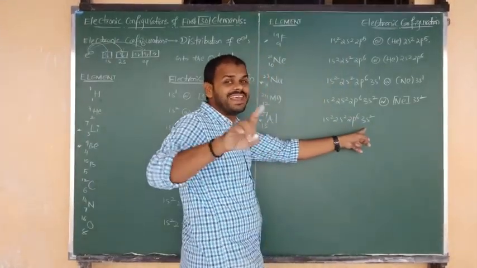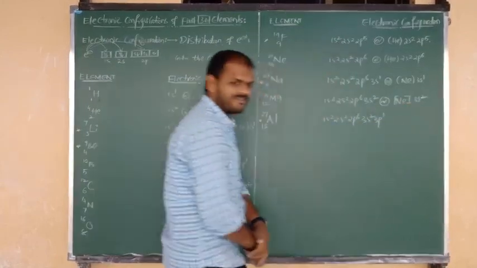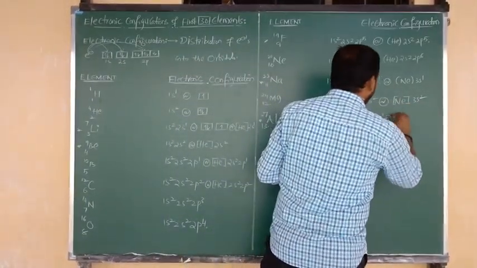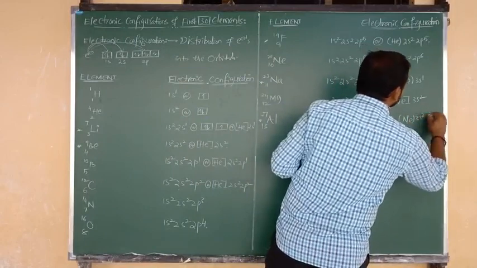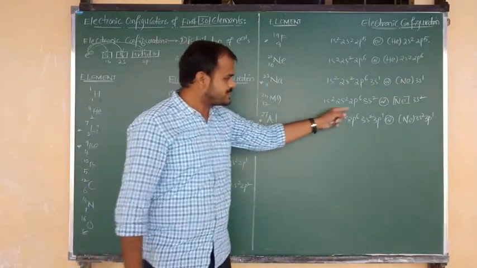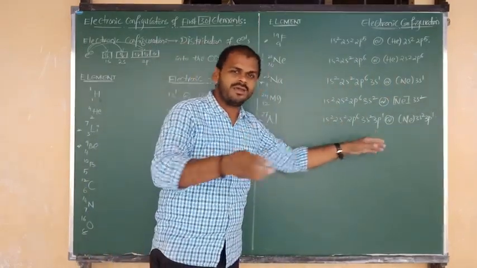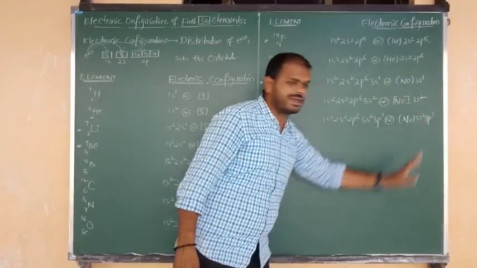After filling 3s, the next electron enters 3p1. So how can we write the short form? Again neon, and the above configuration is 3s2. One more extra electron enters 3p1. 1s2, 2s2, 2p6, 3s2, 3p1 is the overall configuration of aluminium, and the short form is neon 3s2, 3p1.